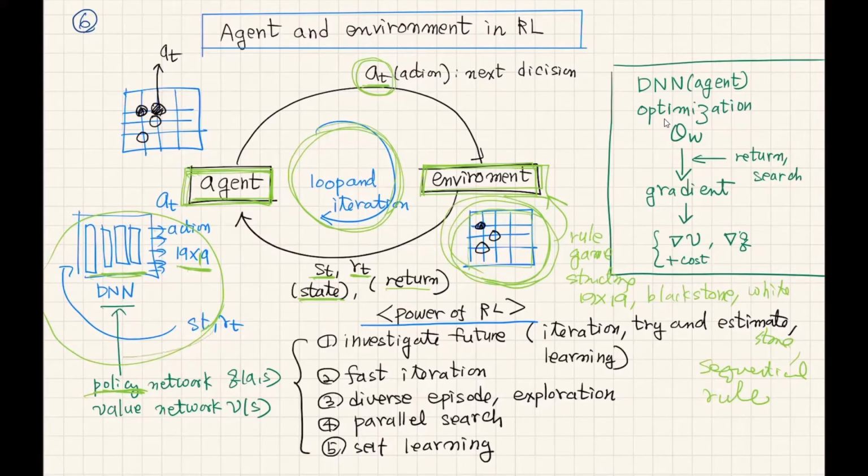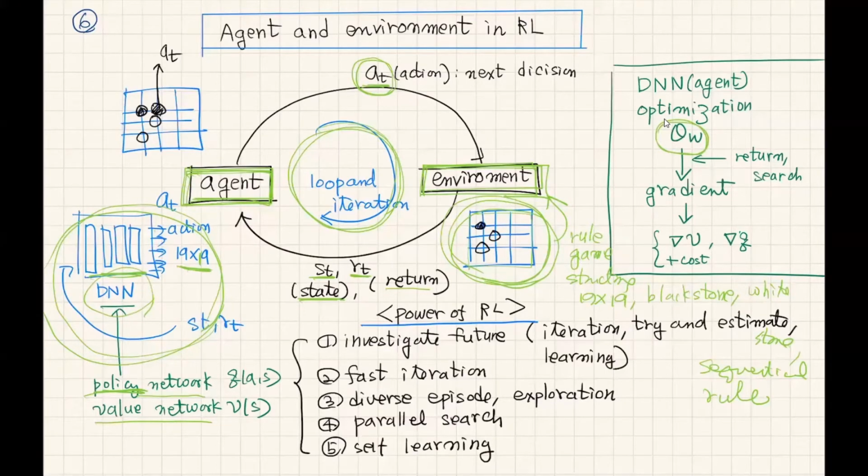A deep neural network may have two different networks. One is the policy network, the other one is the value network. Probably next week, I'm going to explain more details about the value network and policy network. And this agent represented by a DNN may have parameters.